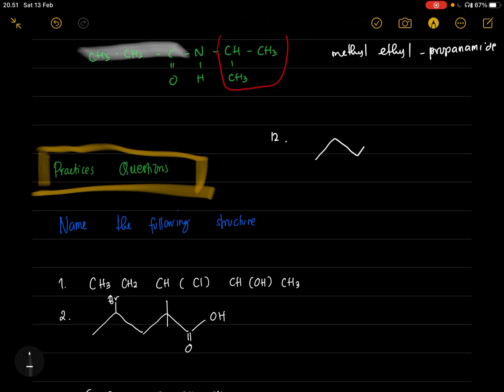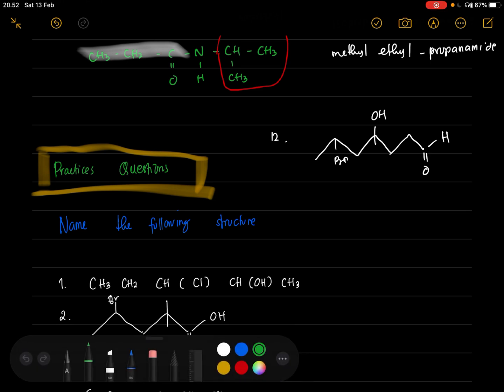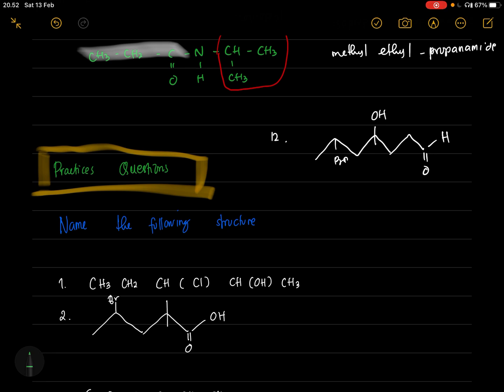For example, I have here the skeletal formula, let's say like this. We have the aldehyde. We also have the OH over here. We also have the Br. The same thing: if you are not sure with your drawing, you have to open it up. If you are sure, you just need to start the numbering. The numbering starts from the terminal which is closer to the functional group. So this one is 2, 3, 4, 5, 6, and 7.